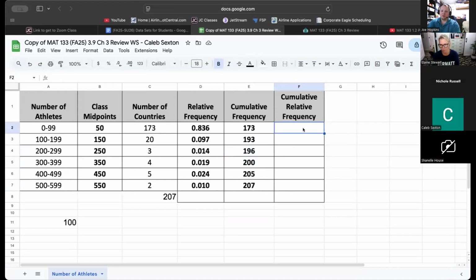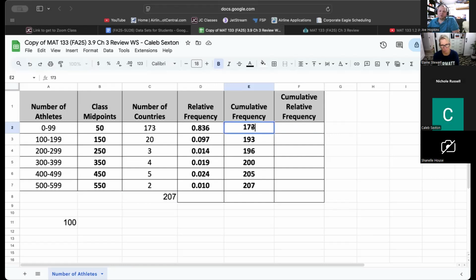So for cumulative relative frequency, there's two ways you can do it. One way is you take your cumulative frequency divided by the total, which is 207. We're going to do it a different way this time. Can you click on that 173 right there? Instead of having it as the number 173, let's write it as a formula.